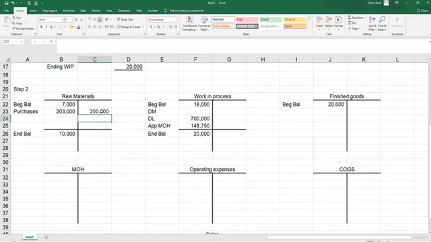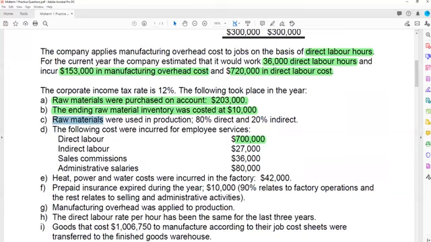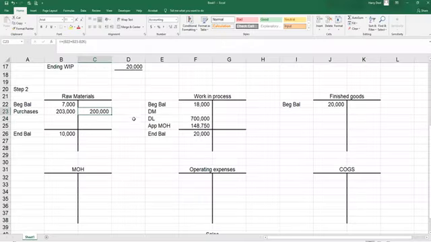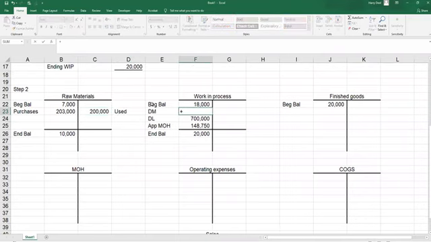However, this 200,000 represents the total amount of raw materials used for production. And we're told that raw materials that were used in production were 80% direct, 20% indirect. So out of this 200,000 total raw materials used, 80% is direct material.